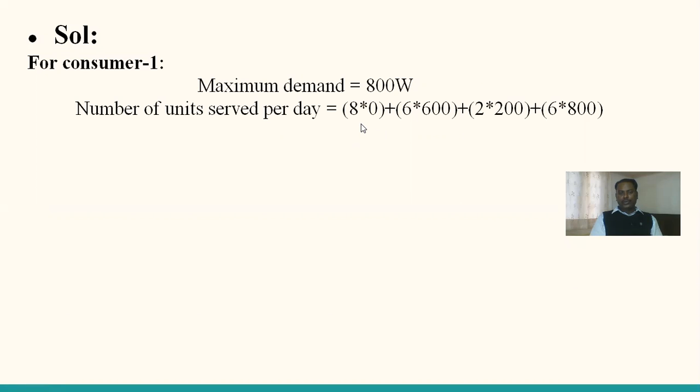Midnight 12 a.m. to morning 8 a.m., 8 hours no load. Remaining 6 hours 600 watts. And 2 hours 200 watts. Again 6 hours 800 watts. This is the number of units served for a day. So therefore, it is 8800 watt hours. This is the number of units served per day for consumer 1.